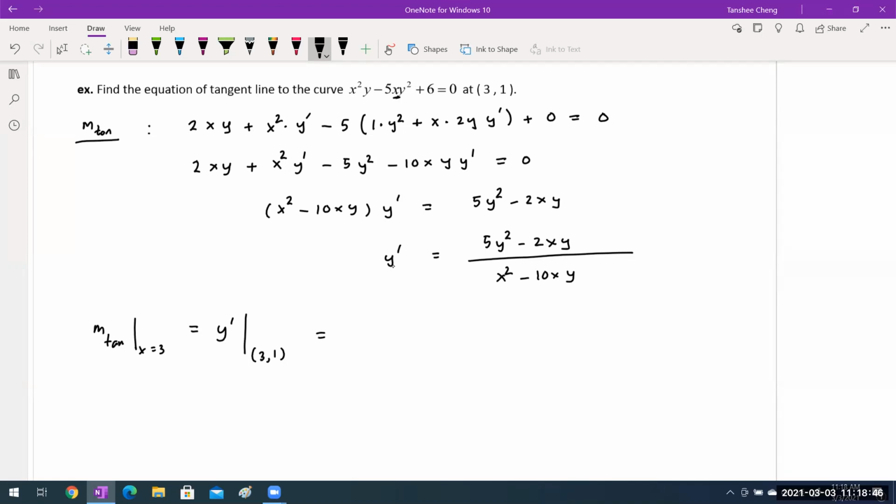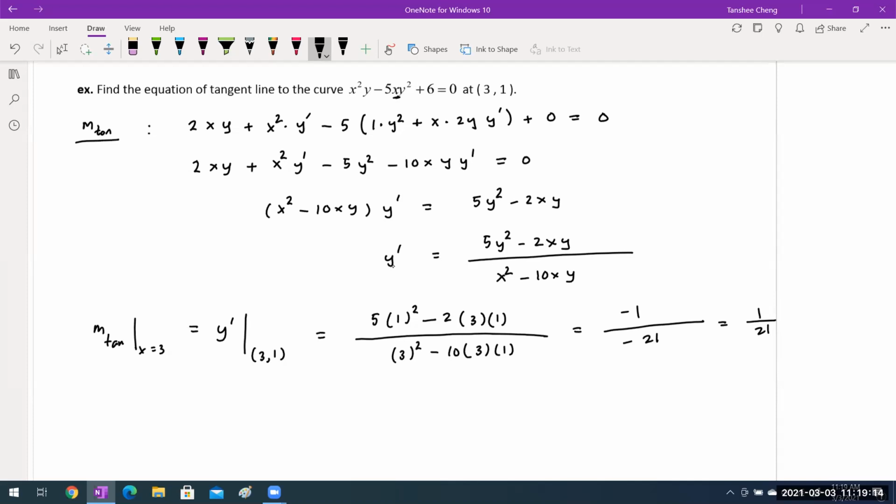So I will get 5 times 1 squared minus 2 times 3 times 1 over 3 squared minus 10 times 3 times 1. That will be 5 minus 6, which is negative 1 on the numerator, all over 9 minus 30, which is negative 21. So I got my slope, 1 over 21.